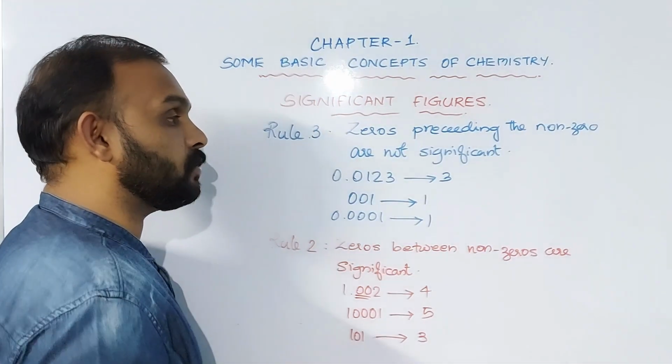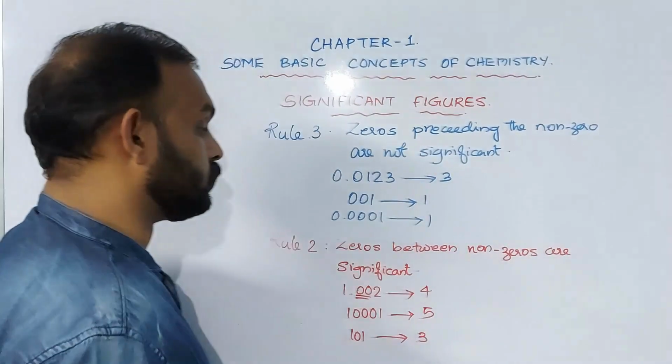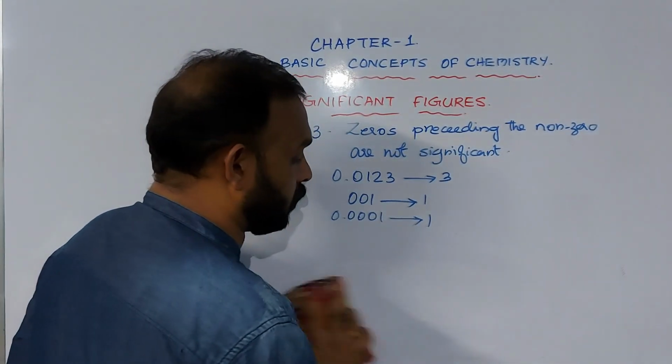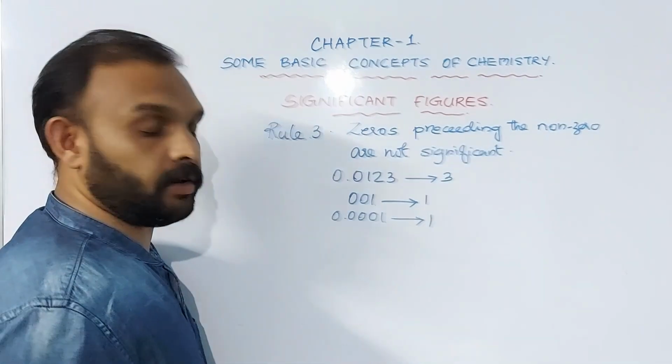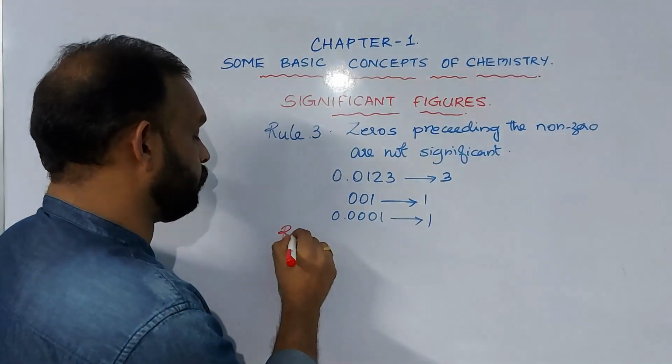Clear? Now we have the fourth one. The fourth one is also very important because you should not make mistakes while writing the significant figures. What is the fourth rule?